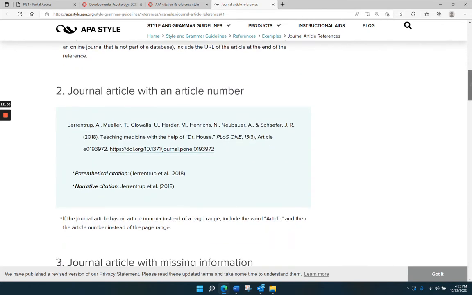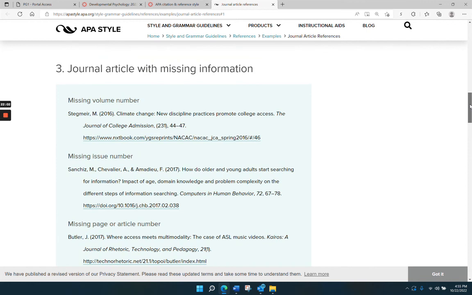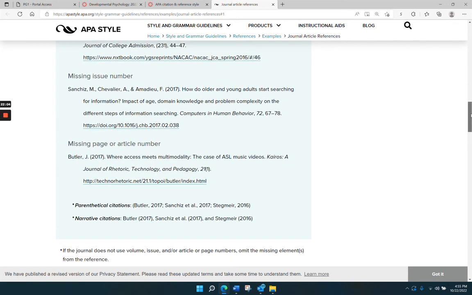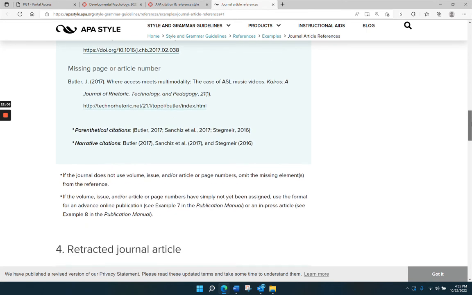You can also sort of look around here. It will give you other ways of doing it. And so I'm looking for them here. So here's an example. If you have just one person who's an author, you just put their name. So if you're just citing Butler in this case, you'd have parentheses, Butler, comma, 2017, and then you put the end of parentheses. This is what you do if you have multiple articles that you're citing.